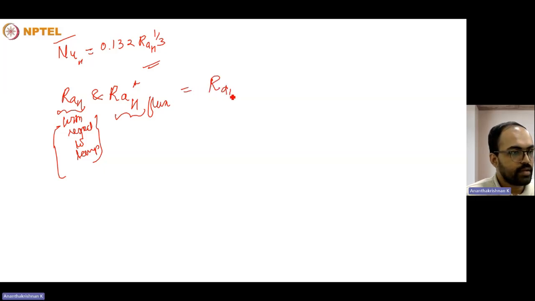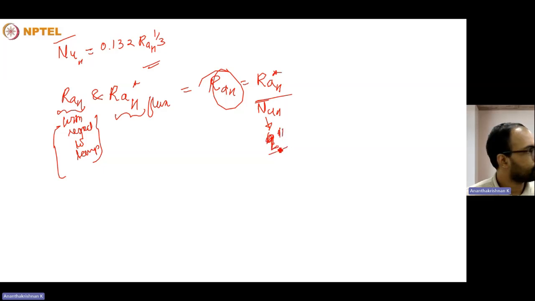So basically, the Rayleigh number with respect to temperature will be equal to the Rayleigh number with respect to flux divided by the average Nusselt number. Basically, the Nusselt number is q double dash divided by delta T, times H over k.